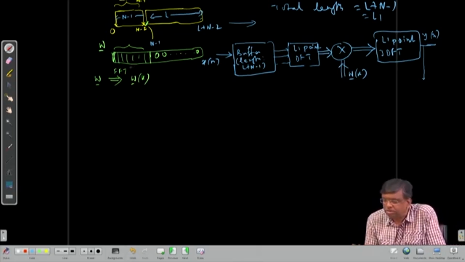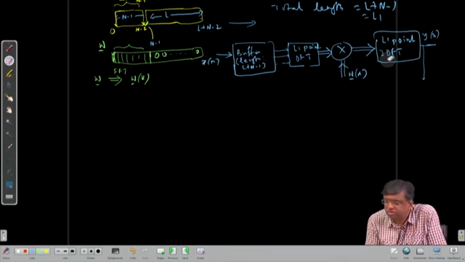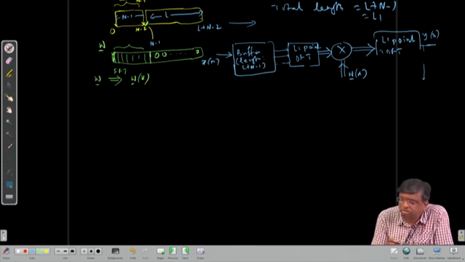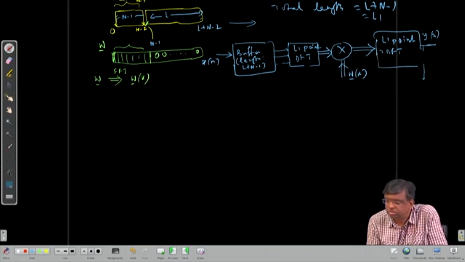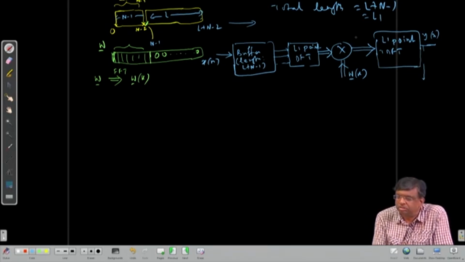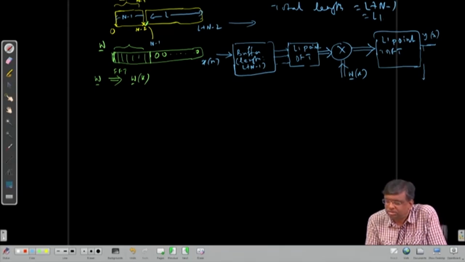So, in fact, here only we can say if you discard the first n minus 1 points and total is L plus n minus 1, that means I take the last L points.